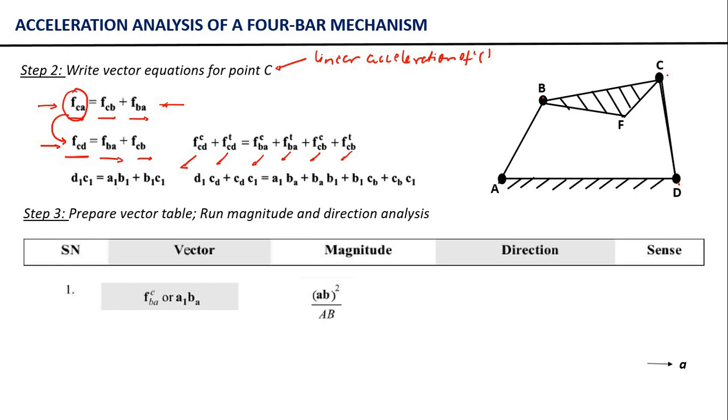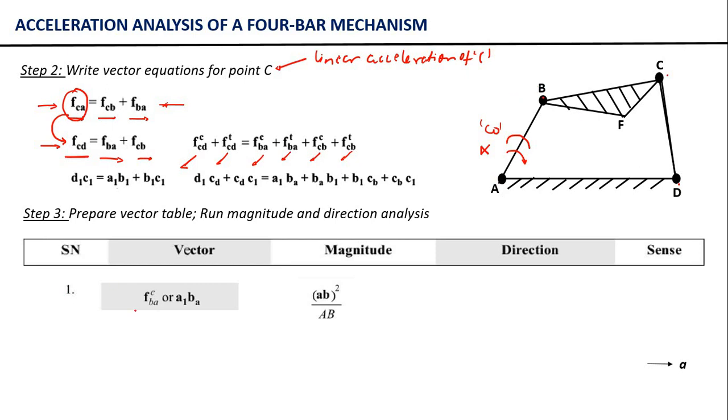We will start with the vectors which are completely known in magnitude and direction. Obviously, the angular speed omega of this link is given, and at the same time the angular acceleration of the input link AB is given to us. So we are going to start with the vector FBA, correct?